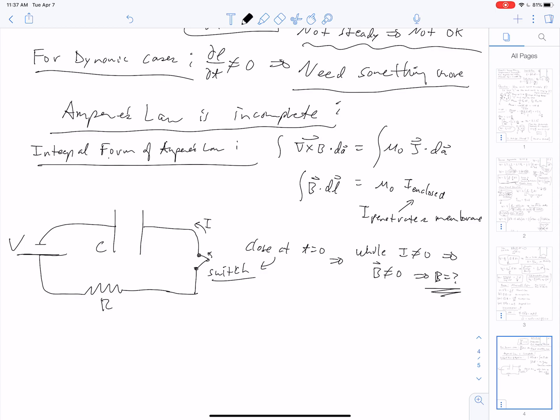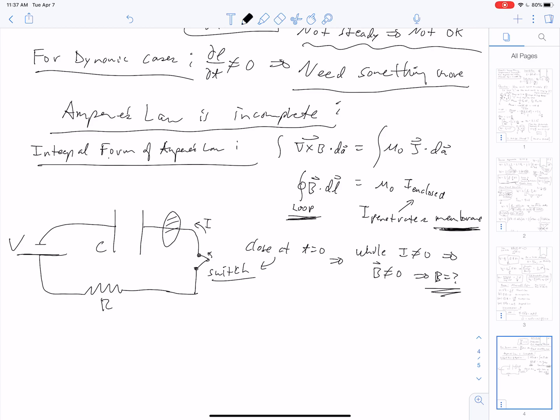So let's do Ampere's law right here. I'll do a little current loop, and I need the membrane area, so I can do the current flux integral and the magnetic field loop integral. So here's my membrane.